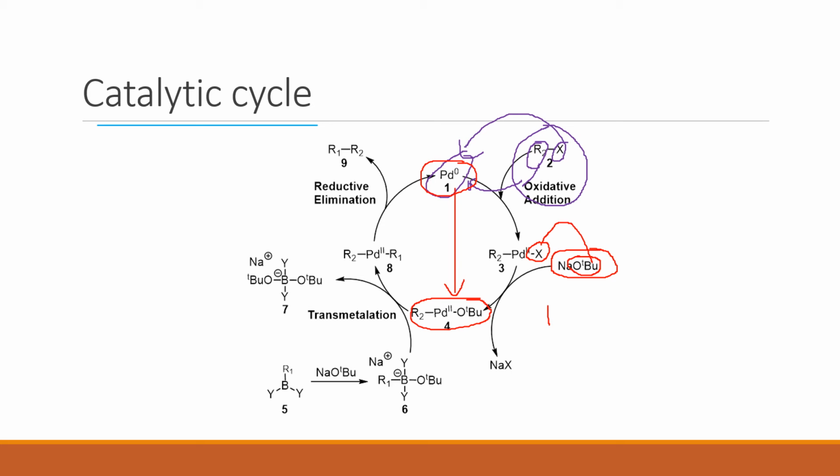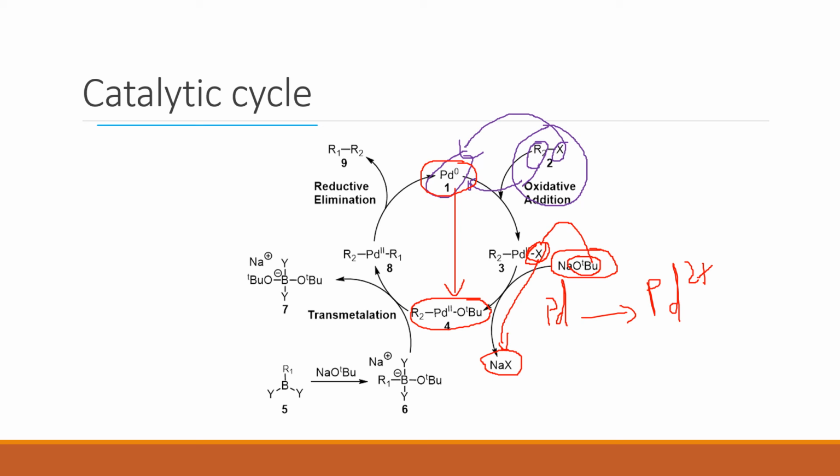Its oxidation state has gone from Pd 0 to Pd 2+. So a byproduct, obviously, to extract this halogen, you need to take off that to get that X there. So you get your sodium, let's say it's bromide or chloride, comes off as a byproduct.